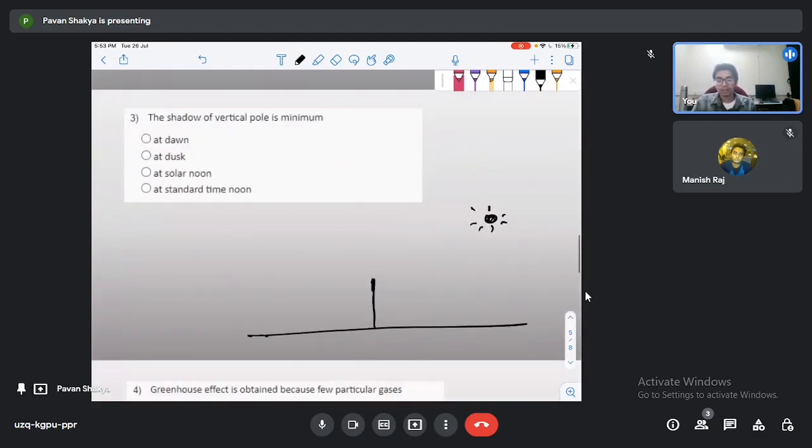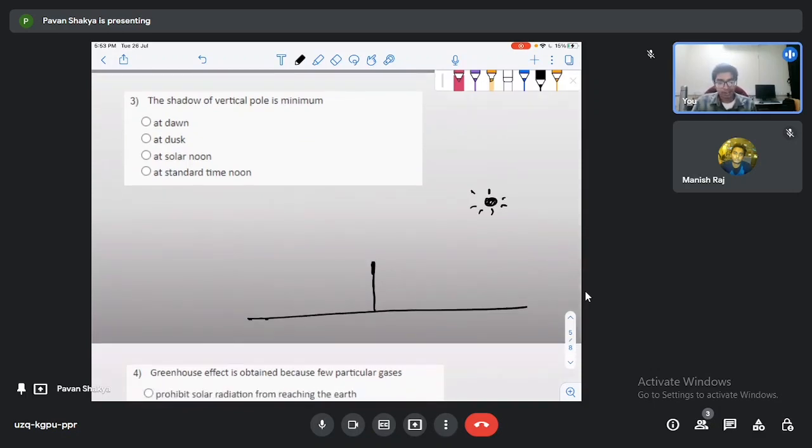Now, coming to the third problem, which asks when the shadow of a vertical pole is minimum. We will see this by this figure. Suppose this is the position when the sun is rising, then the shadow of this pole will be around this x1 distance. As the sun rises and goes above, the shadow of this pole will decrease.